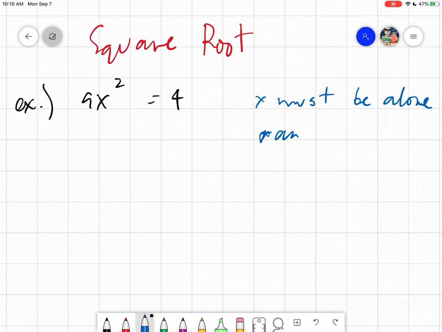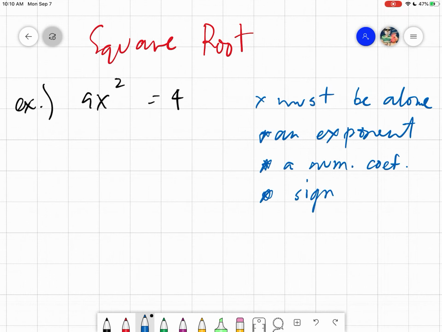These are the things that we must remove: an exponent, a numerical coefficient, and of course, the sign. Specifically, we need to remove the negative sign. Those are the things that we need to remove when it comes to solving for the value of x.